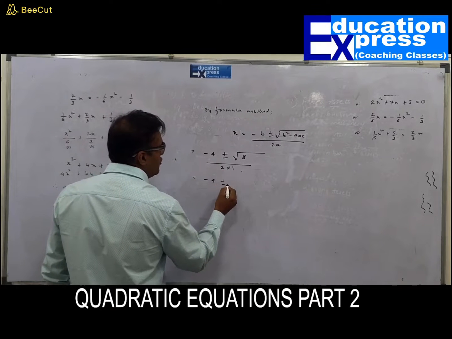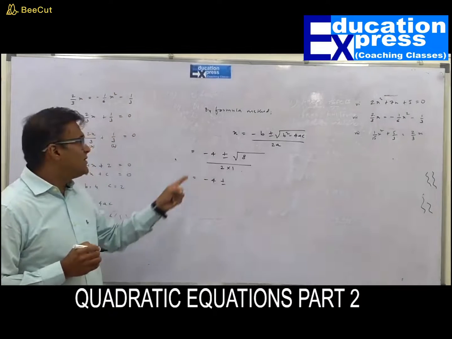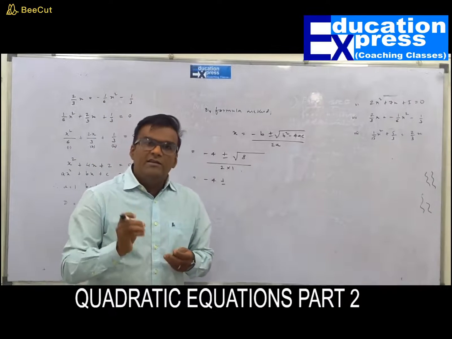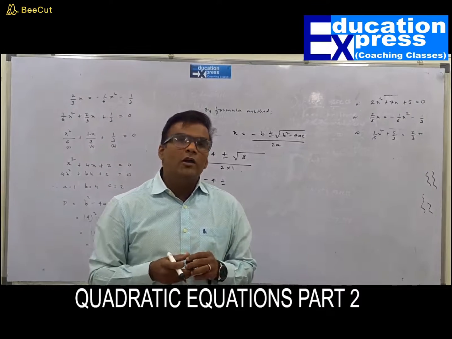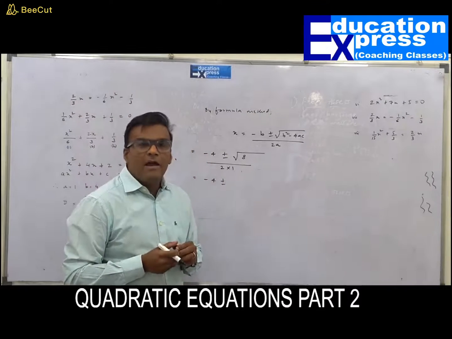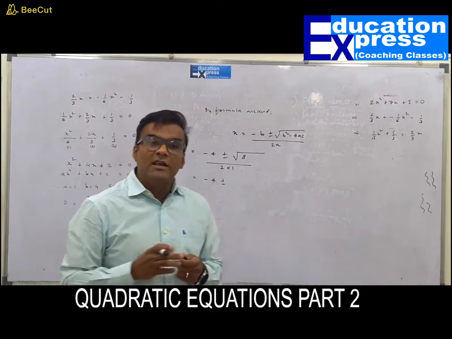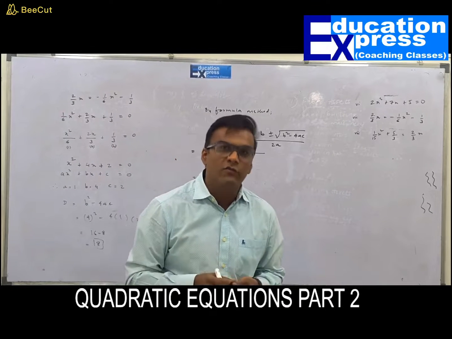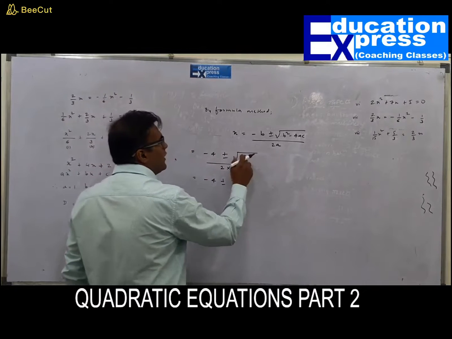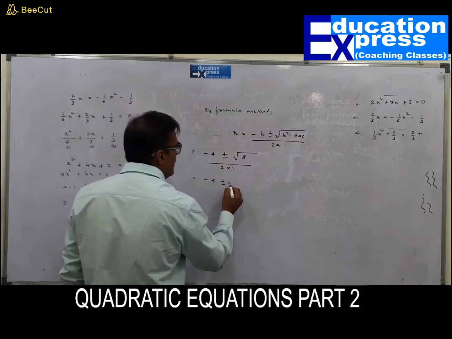Minus 4, plus or minus, as discussed earlier, 8 is not a perfect square number. So I will not be able to find out the square root of 8 as simple as it was in the case of 64 or probably 81 or maybe 100 or 144. We have to find out the square root of 8 by adopting the following technique.